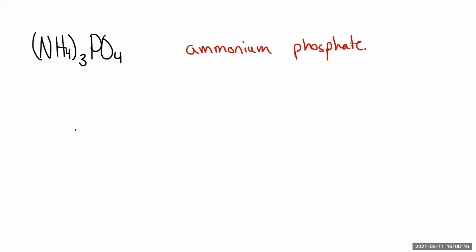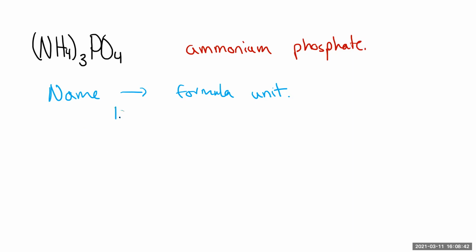Now, the process of going from name to formula unit requires two things. One, you actually have to be able to decipher the name and know what ions are being mentioned in that name. And you need to remember what the symbol is with its charge.